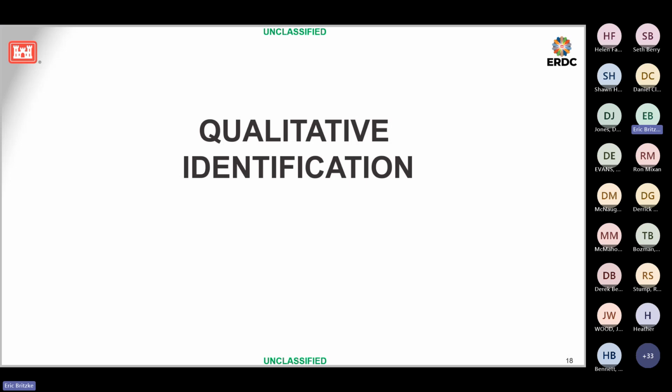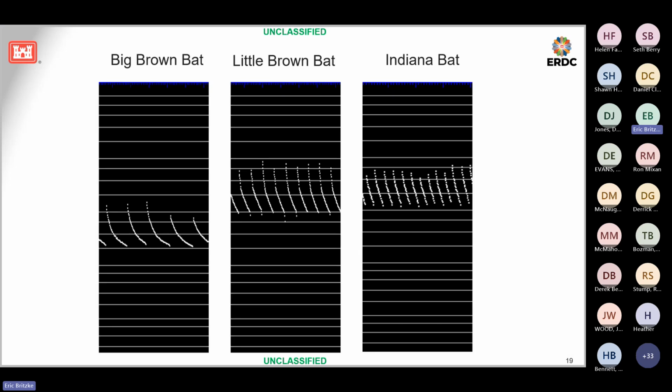So qualitative identification is the identification process that started initially. This is basically just a visual identification. You're using things like minimum frequency, the general shape, maybe some parameters that you extract to be able to classify these based on your experience. It is just a visual examination.